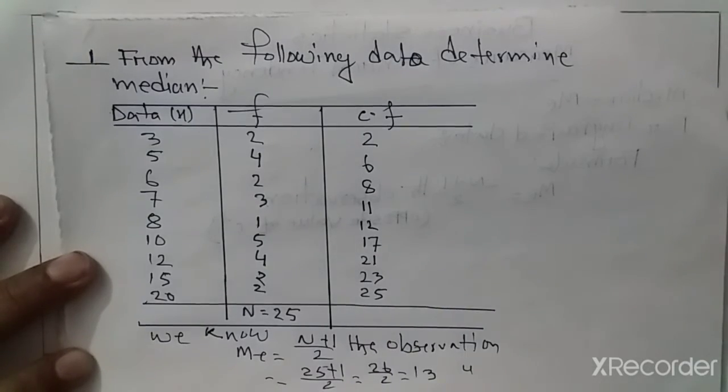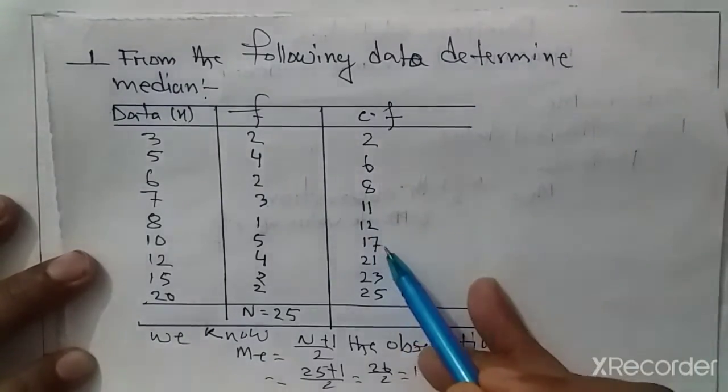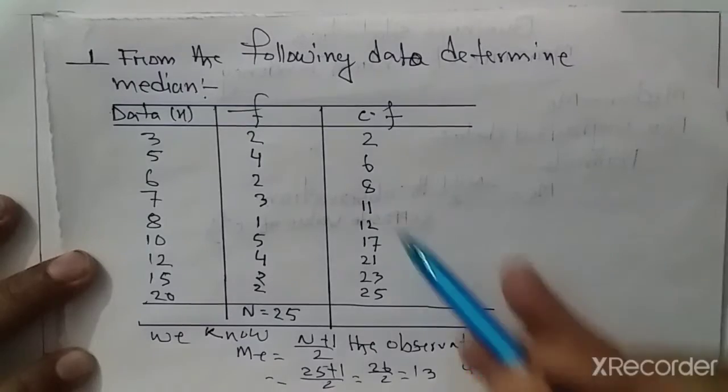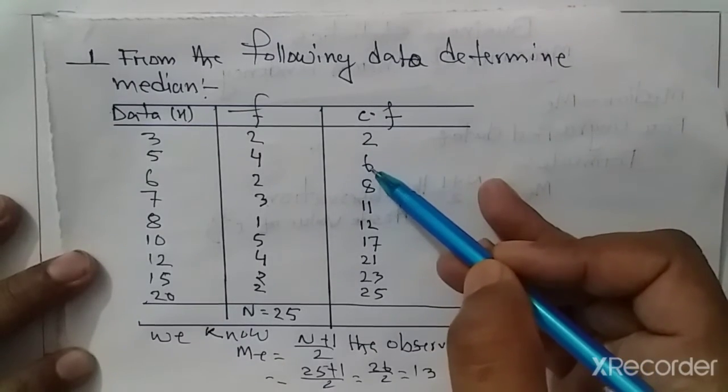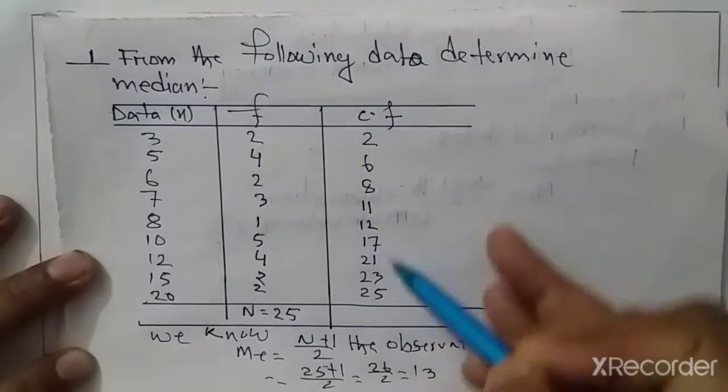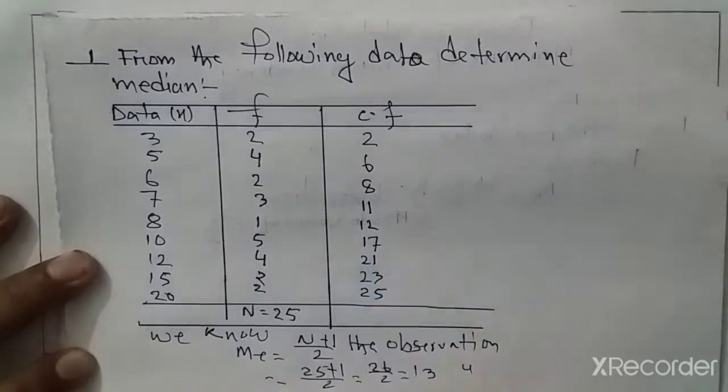The 13th observation lies in the CF. We see the value 13: the first value 2, then 6, 8, 11, 12, and 17 matches 13.